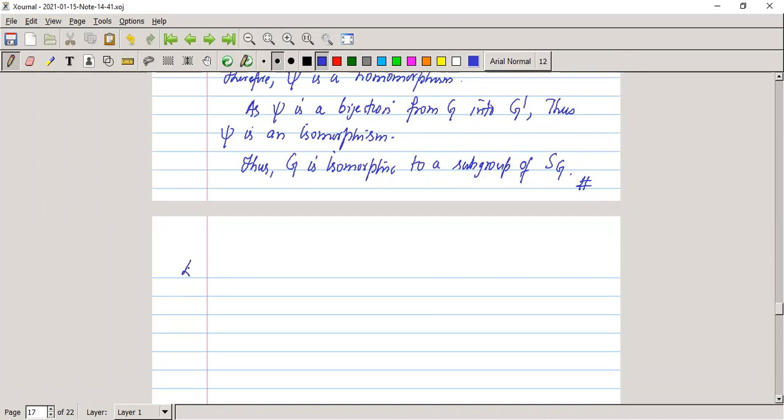So let's take an example here. Let's choose a group G. Let G be the group Z4, and Z4 contains the four elements 0, 1, 2, 3. Now for the sake of simplicity, we will write 1, 2, 3, 4 instead of 0, 1, 2, 3. So here 0 and 4 are the same element, and 4 is the identity element.